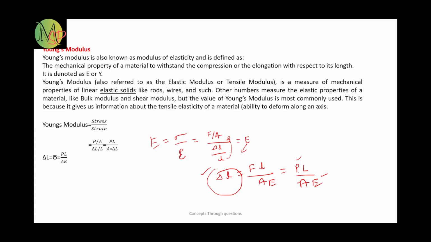Sometimes you will be asked to find the stress generated. Stress generated is also sigma L divided by E, so P by A is sigma, the stress, into length, divided by the Young's modulus. You may be asked to find the stress in a body after being given the length of the body, Young's modulus, and change in length. So you are able to calculate any parameter in this question. Okay, just remember this formula.